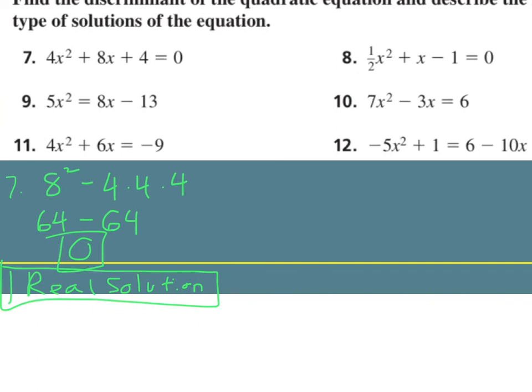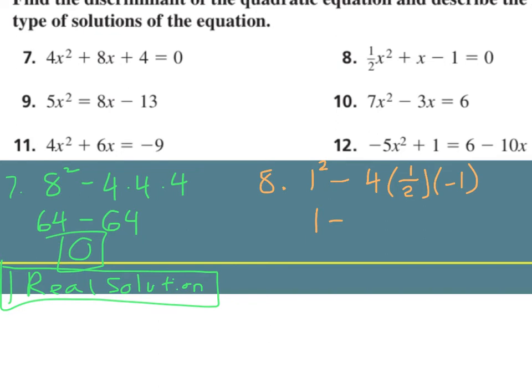All right, let's look at number 8. What's our b? So 1 squared minus 4. What's our a? 1/2. And then what's our c? Negative 1. So 1 squared is 1. What is negative 4 times 1/2 times negative 1?